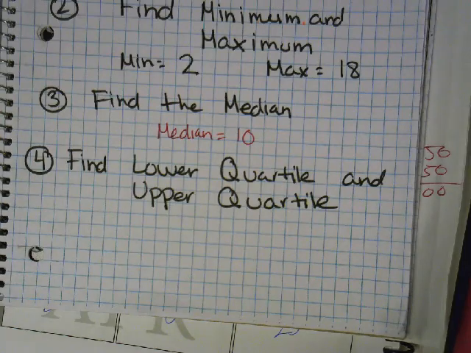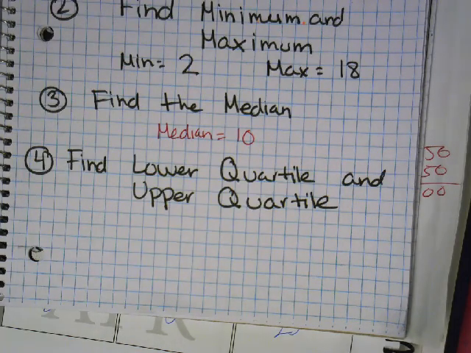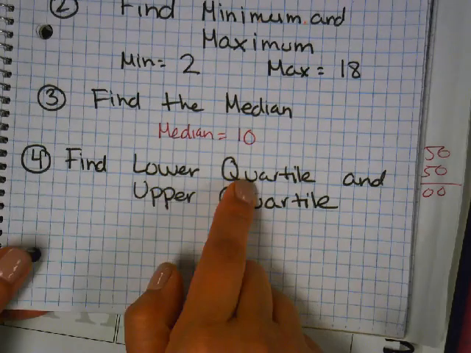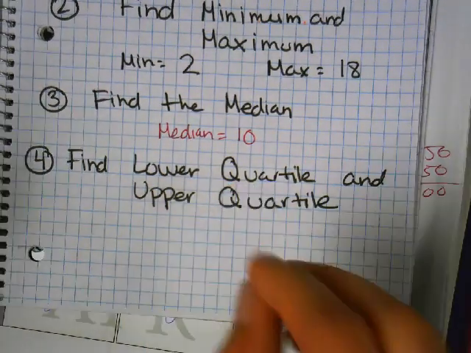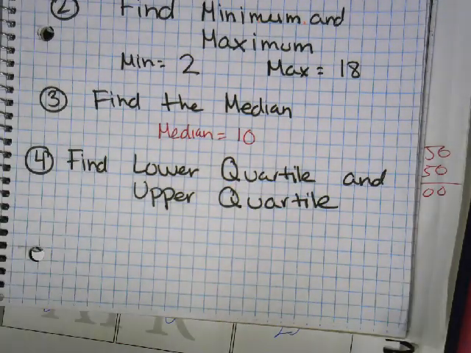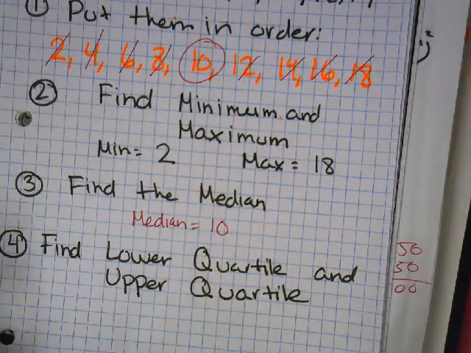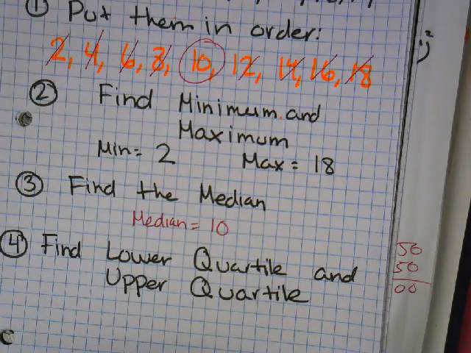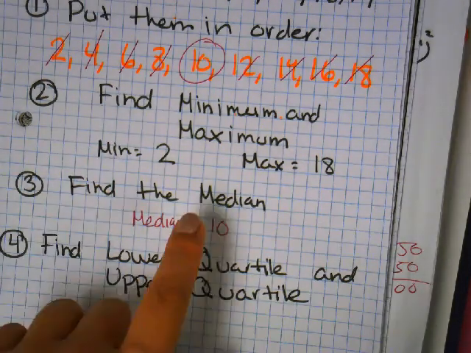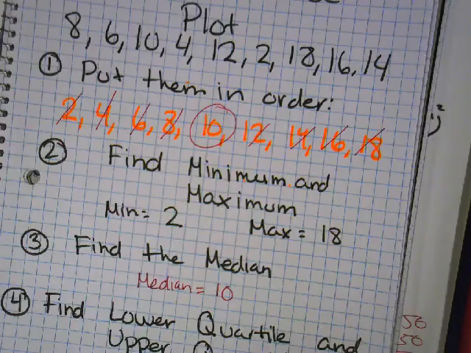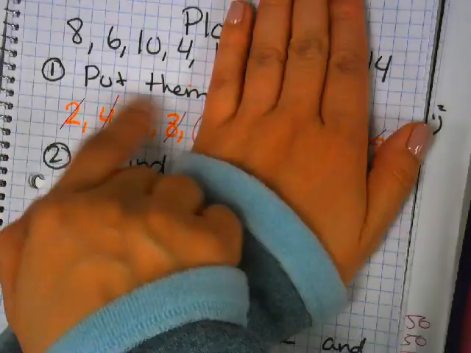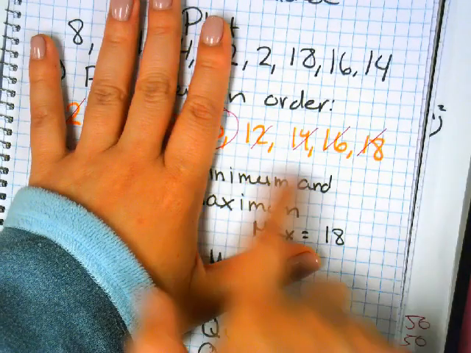All right. Remember, lower quartile, upper quartile. So this is new, really weird, but it's super easy to find out. Lower quartile is the median of the first part of the numbers, of the lower part. Upper quartile is the median of the upper half. Now, what does median mean? Middle. So I'm looking for the middle number of the lower part and the middle number of the upper part.